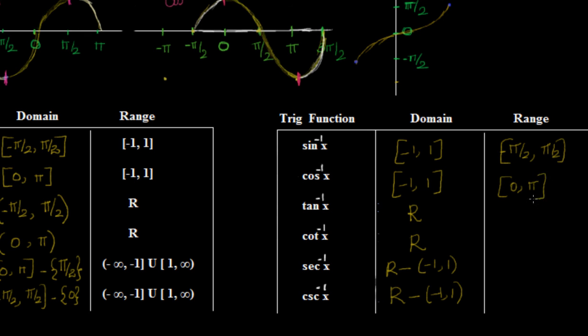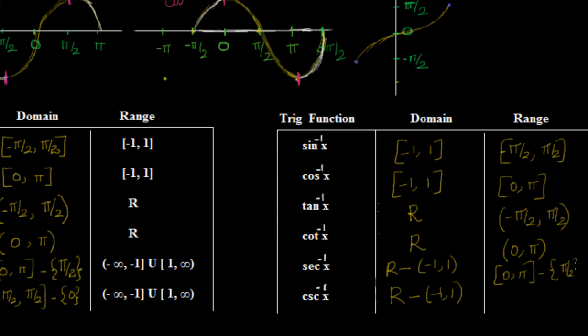Similarly, for cos inverse, the range is the domain of cos, that is 0 comma pi. For tan inverse x, it is not valid at pi by 2, so I will say minus pi by 2 to pi by 2, excluding the boundaries. Similarly, for cot inverse, it is 0 comma pi. For secant inverse, it is 0 to pi, excluding the value where cos becomes 0, that is 90 degrees.